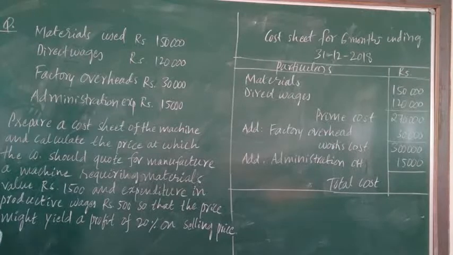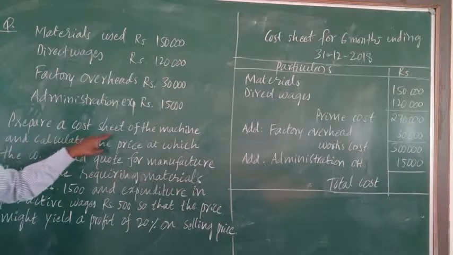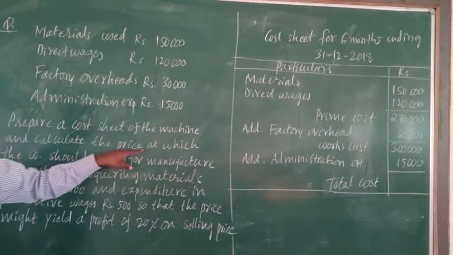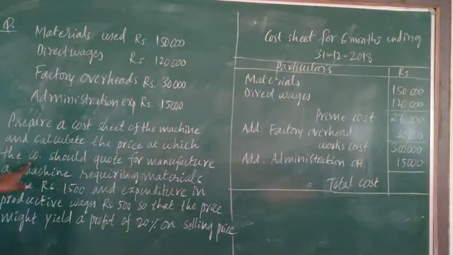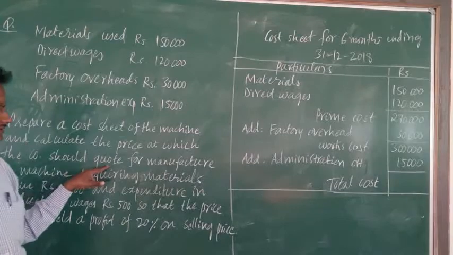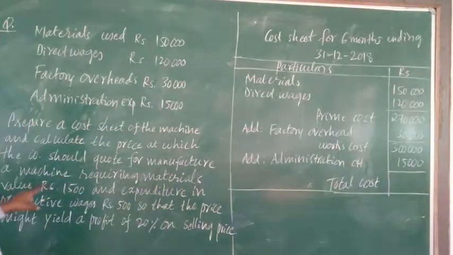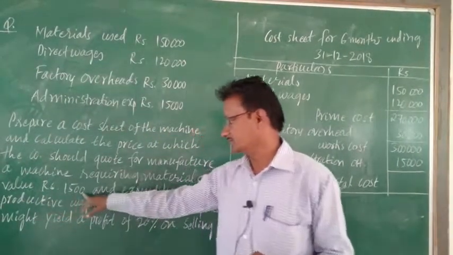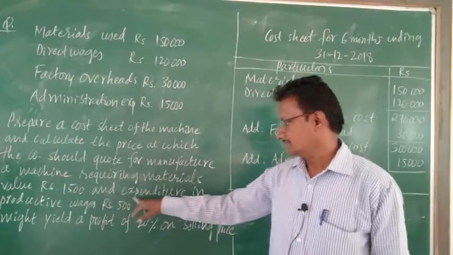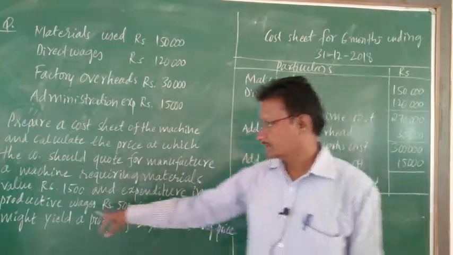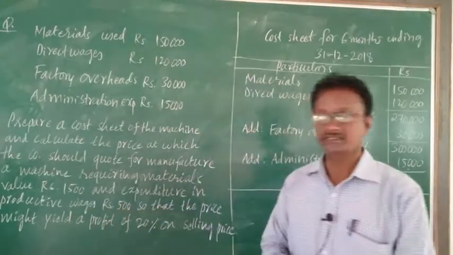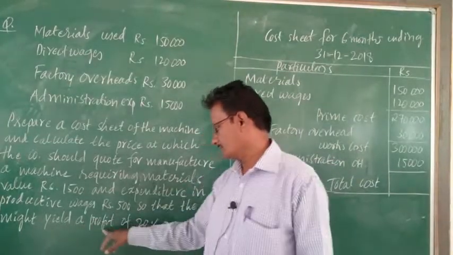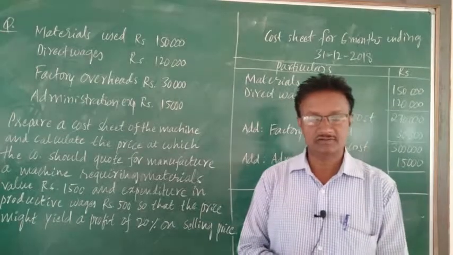And here the question is: prepare a cost sheet of the machine and calculate the price at which the company should quote for manufacture of a machine requiring materials value rupees 1,500 and expenditure in productive wages rupees 500, so that the price might yield a profit of 20% on selling price.